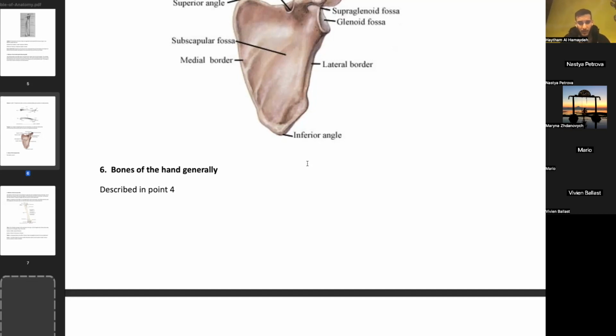And then you can talk about the connection between scapula and clavicle, which is the coracoclavicular ligament, made up of the conoid ligament and trapezoid ligament, something like that. Okay. And then you talk about the scapula. Scapula is involved with two joints, acromioclavicular and glenohumeral.